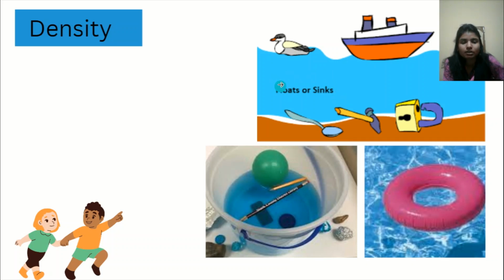So the light objects float easily on the water, while those objects which are made up of metals sink to the bottom of the sea or the container.